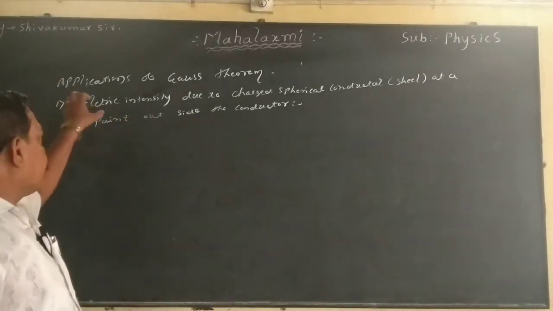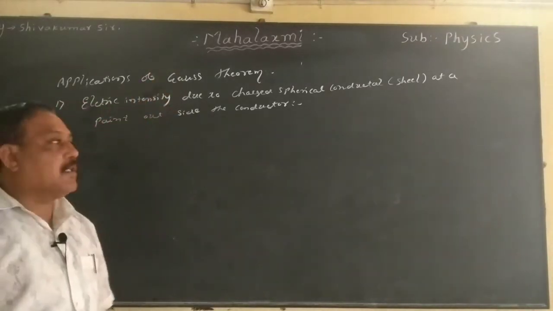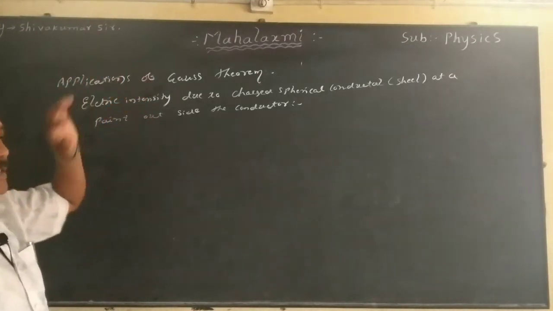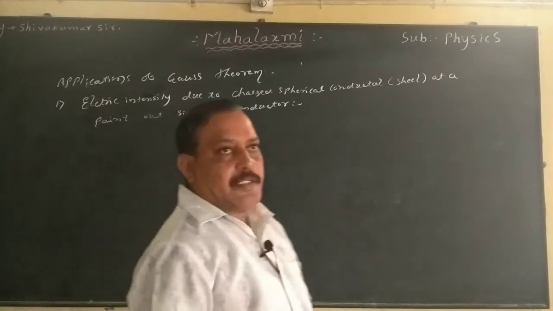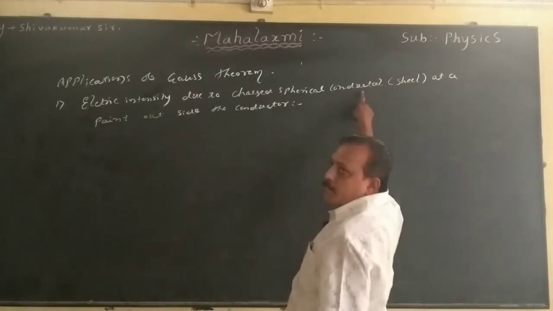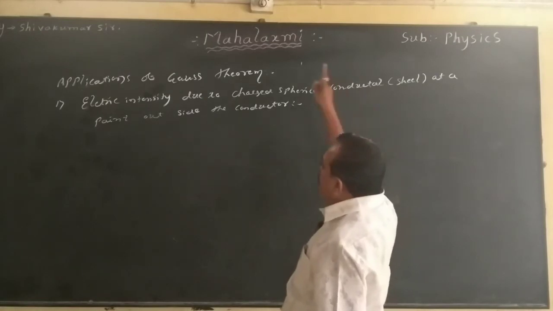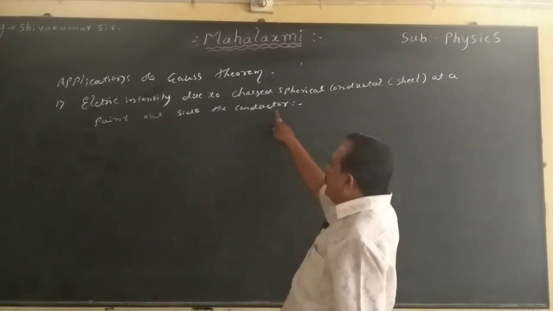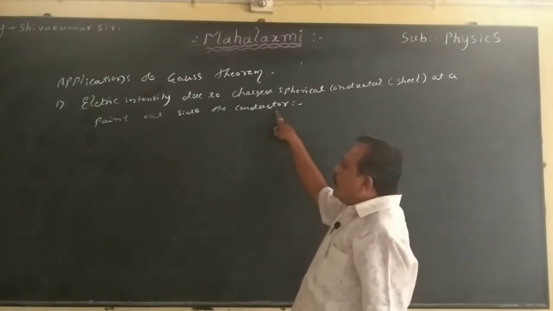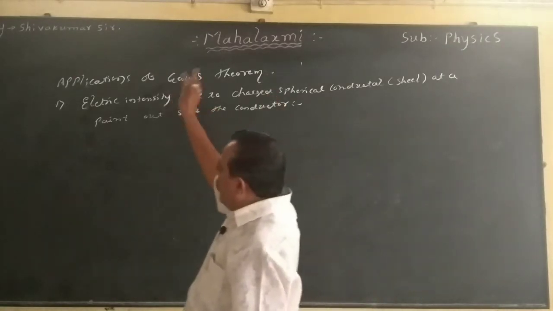When you concentrate on the title, the figure itself is available in the title. Just to analyze it, we need what? Charged spherical conductor. Then what is that point? It is outside the charged conductor at a large distance. Then from that we have to calculate electric intensity.